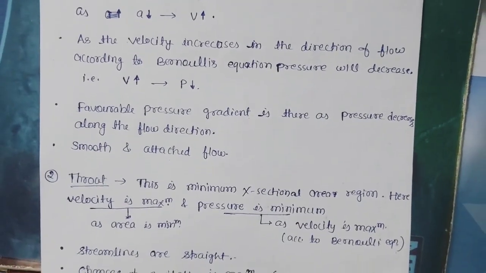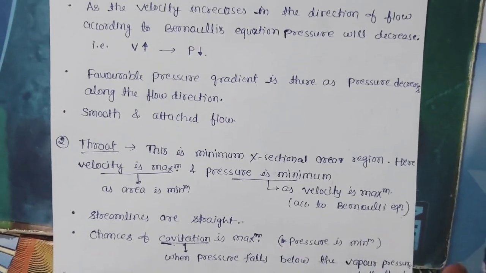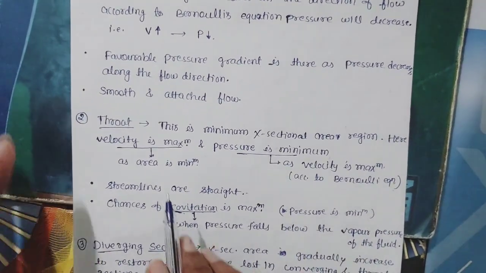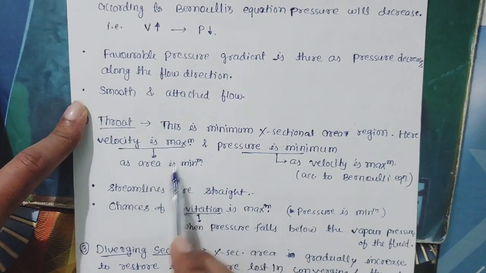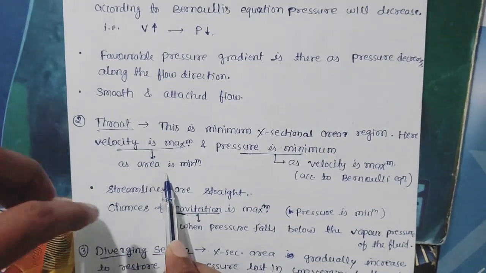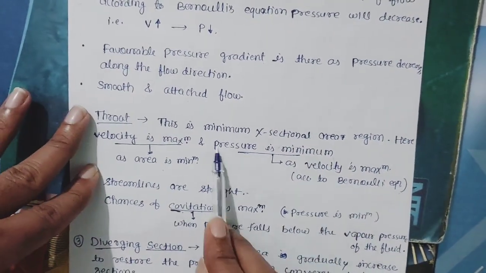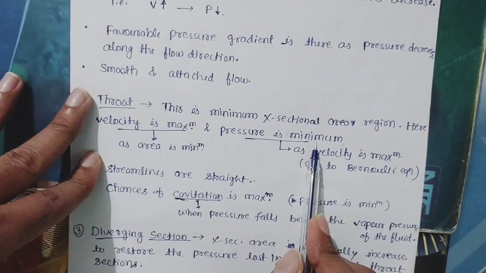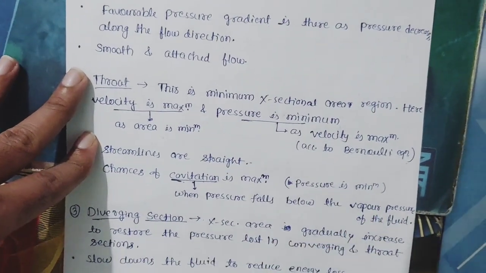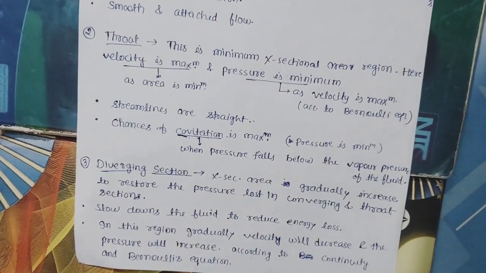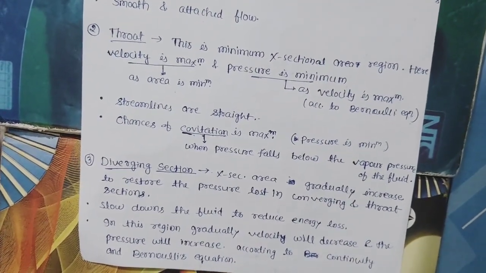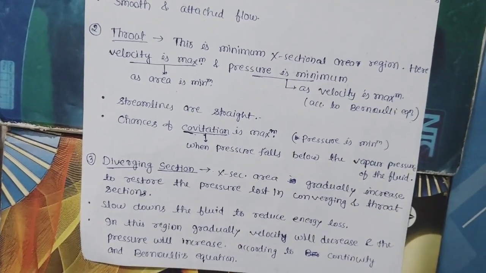Second is the throat. This is the minimum cross sectional area region. Here velocity is maximum and pressure is minimum, means velocity is maximum as area is minimum here, and the pressure is minimum because velocity is maximum. So the maximum pressure energy is converted into kinetic energy.